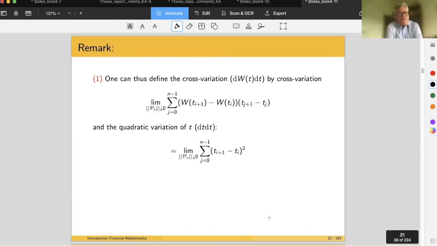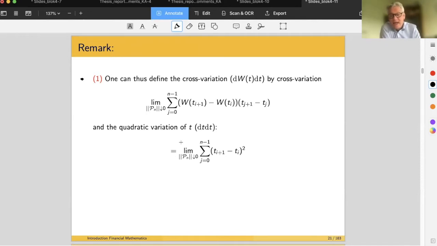So what have we seen in terms of the informal notation? Well, first of all, we had the cross variation, officially defined as follows, and we write it like dW dt, or dW(t) dt, and that is equal to 0. Then we had the quadratic variation, dW dW, denoted by this, always with the mesh width going to 0.